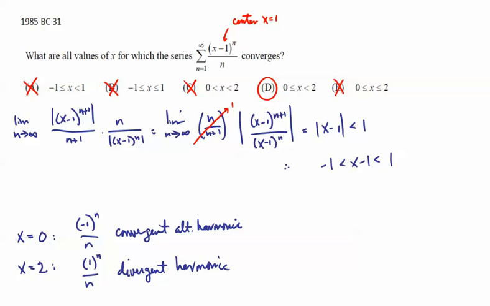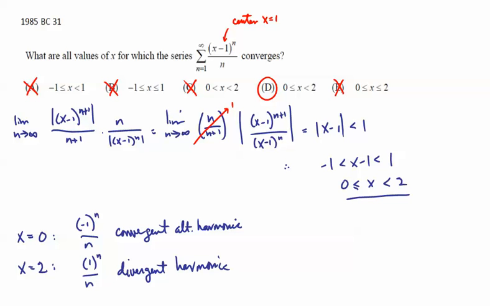We add 1 to both sides and we end up with x greater than 0, less than 2. And based on what we found below, the left endpoint converges and the right doesn't.